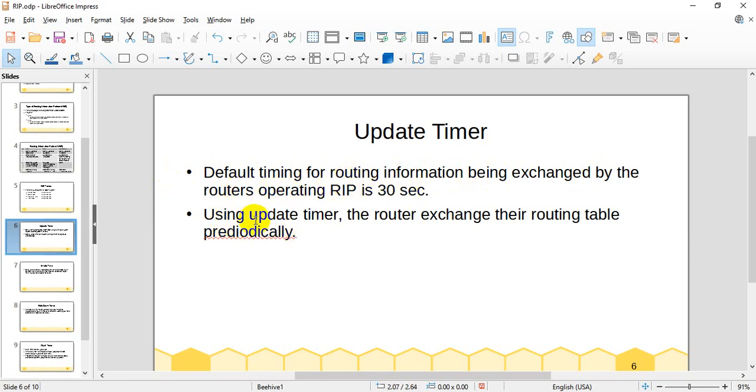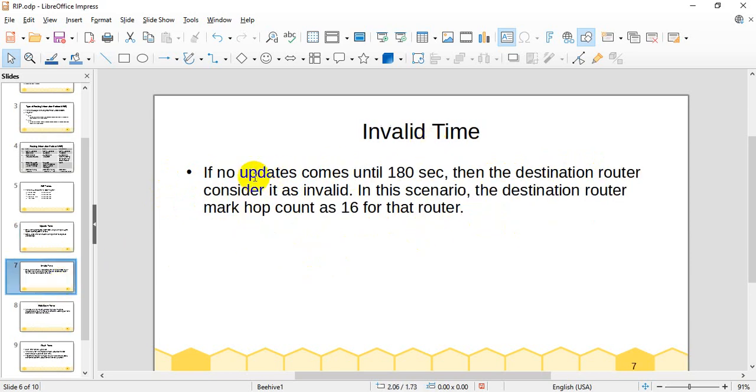That means using the update timer, the router will exchange the routing table periodically. And for the invalid timer, if no updates come until 180 seconds, then the destination router considers it invalid. In this scenario, the destination router marks the count as 16 for that router.